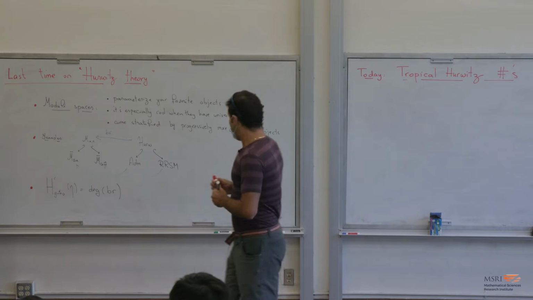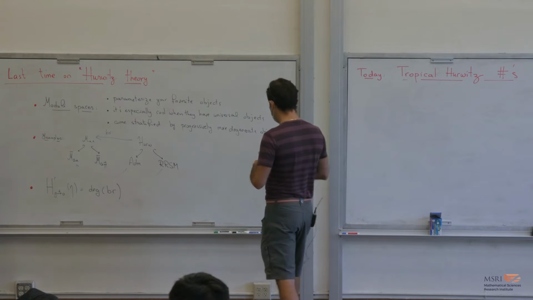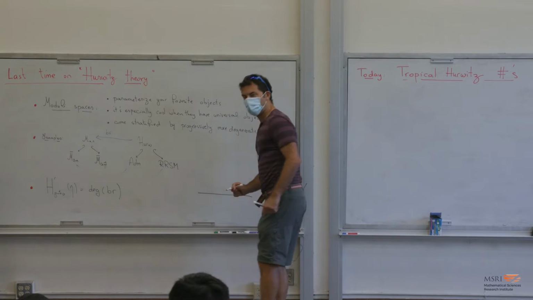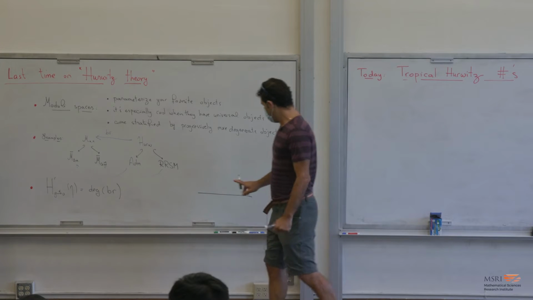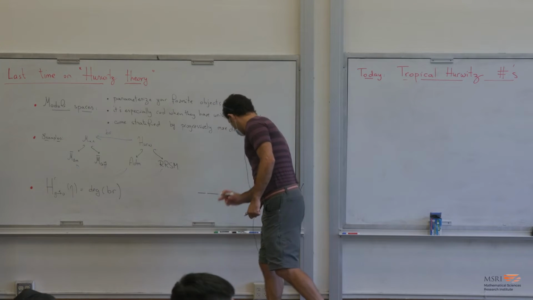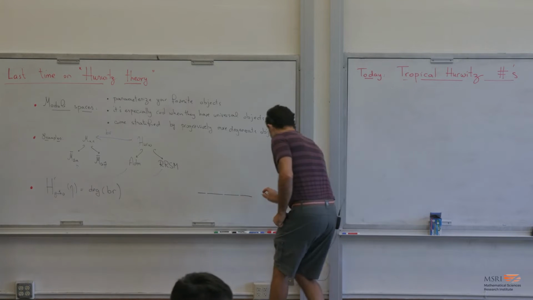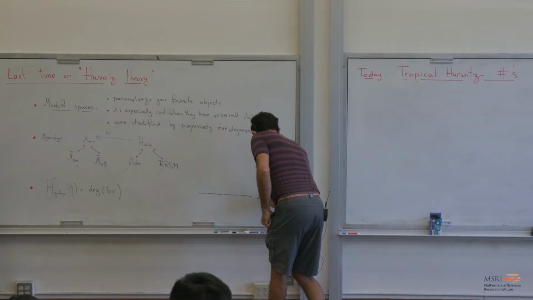Okay? One thing that I shoved under the rug very happily, but since I got caught, let me mention it real quick, because I also want to draw a picture that I think is nice.